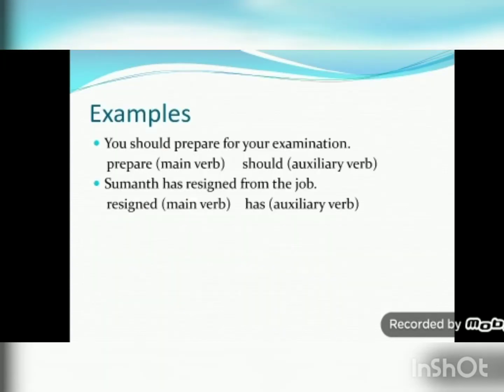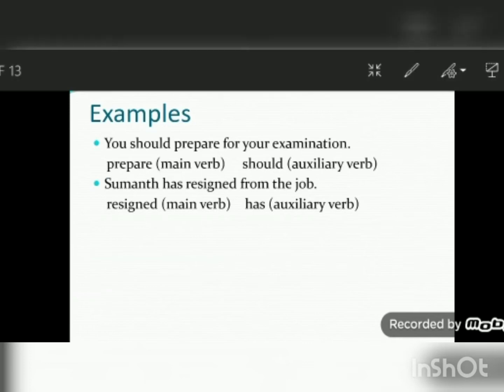So let's see examples of auxiliary verbs. For example, see the first one. You should prepare for your examination. Here should is the auxiliary verb and prepare is the main verb.